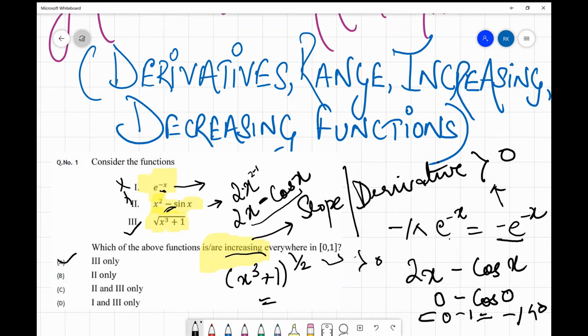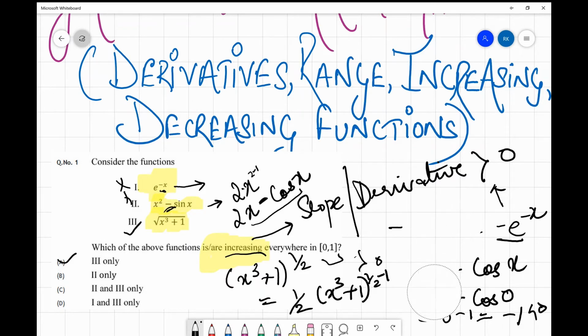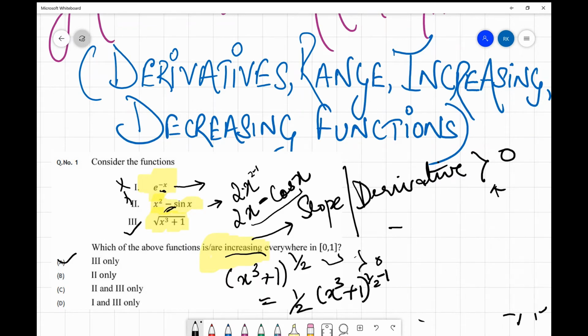Now its derivative will be half into x cube plus 1 to the power half minus 1, into the derivative of the internal polynomial, which is 3 into x square. 1 has a derivative 0, so plus 0. So this is 3x square.